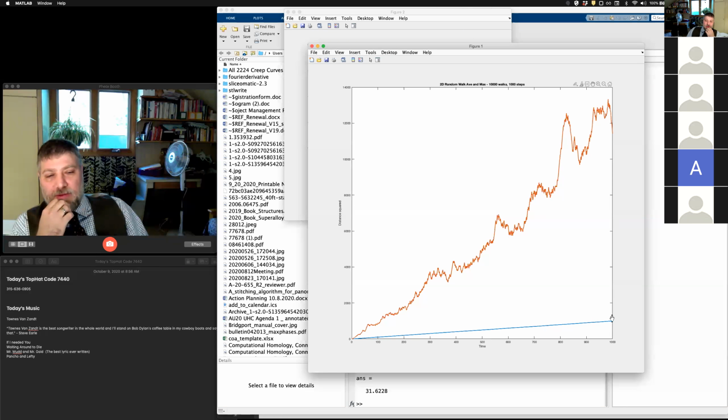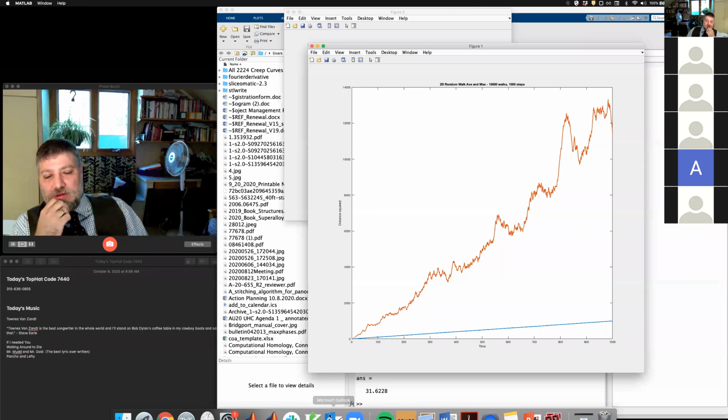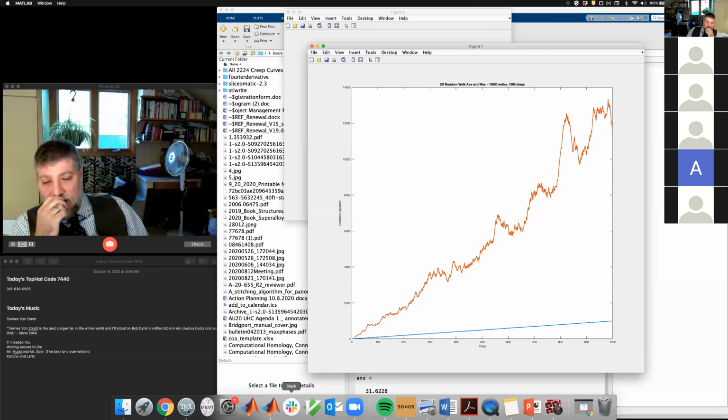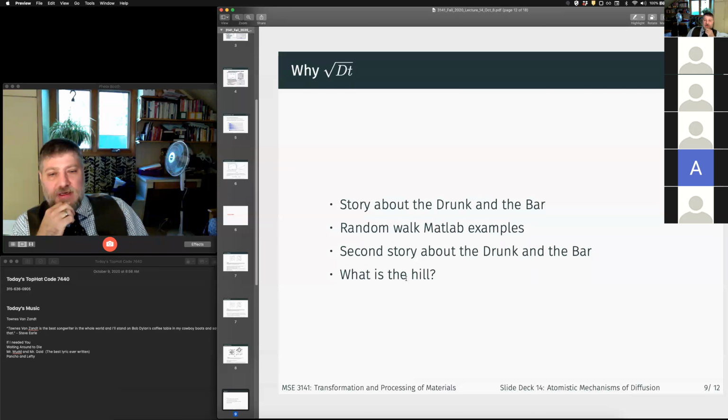And this is what we see in diffusion, and this is just coming from basic random walk probabilities. It's not hard to derive explicitly the square root dependence, right? But I don't think we necessarily need to do the math for this. It's just important that you get an appreciation that it comes directly from the random walk, right?